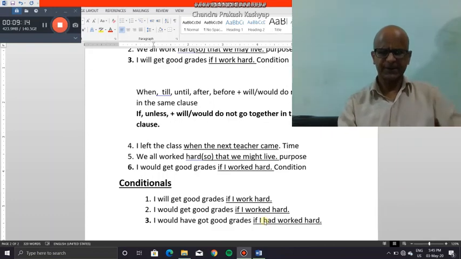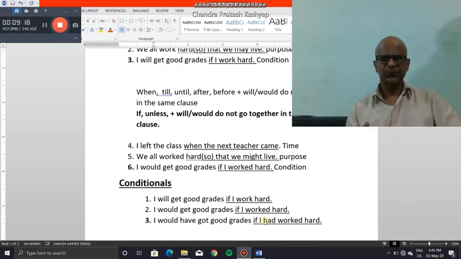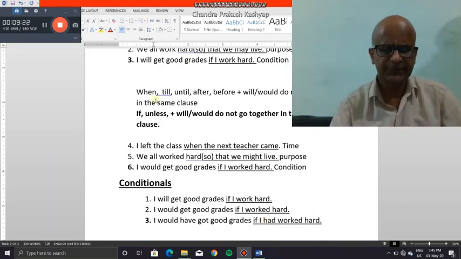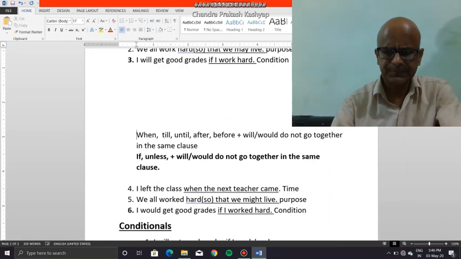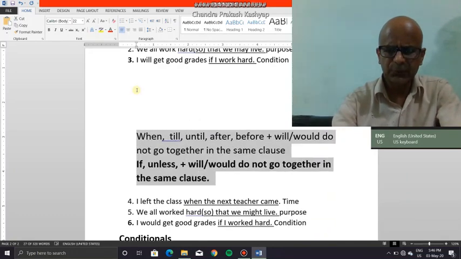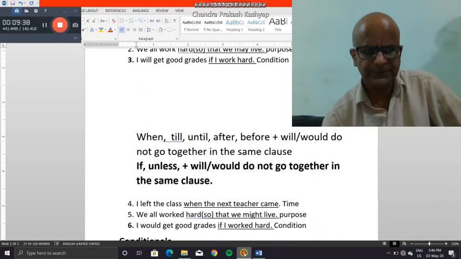Again, if and will, if and would do not go together, as we've already understood in this case. If and will, if and would do not go together in the same clause.